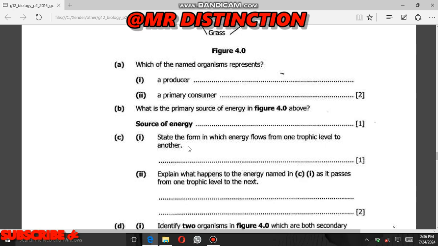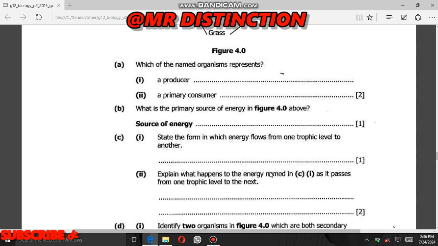Because after solar energy has been captured by green plants, they convert that solar energy into chemical energy, which can easily be taken by other organisms such as animals and the other living organisms. So the form of energy which flows from one organism to another or from one trophic level to another is chemical energy.